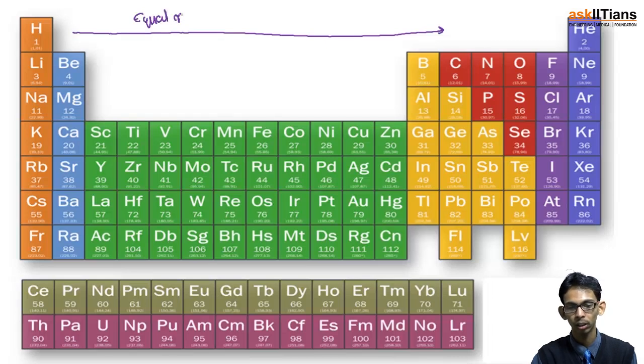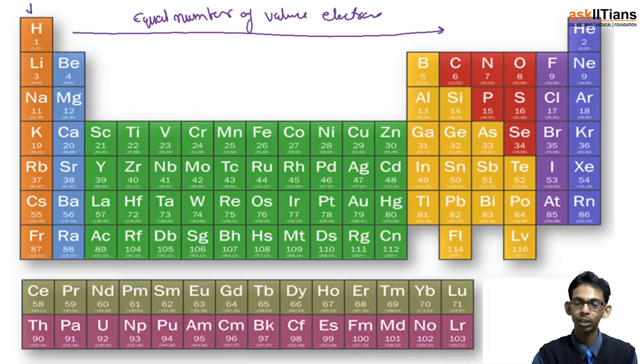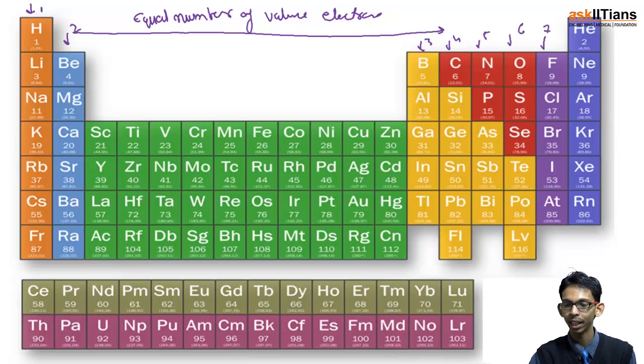The elements of the first group would have one valence electron, that means one electron in their outermost shell. Here it would be 2, here 3, here 4, then 5, then 6, then 7, and these have a filled, stable electronic configuration with 8 electrons.